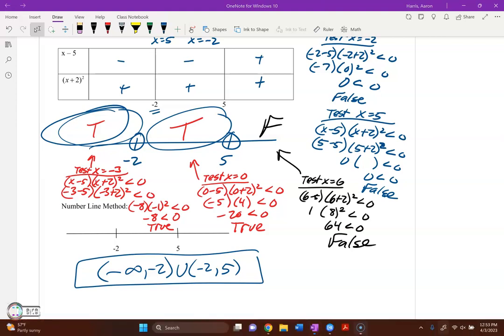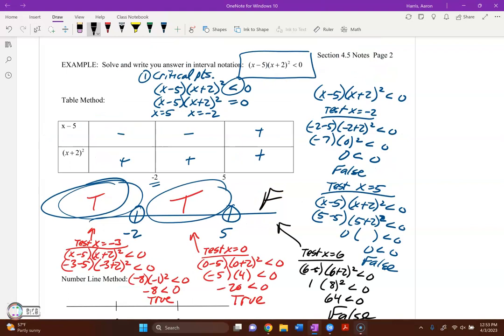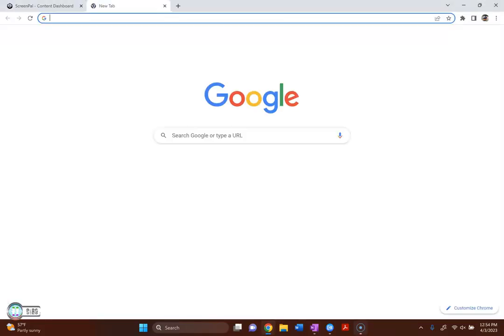This is the function. If I was to name the function y equals x minus 5 times x plus 2 squared, and then I'm just trying to see where that's less than 0, right? Let me just throw it into decimal so you can kind of see that.